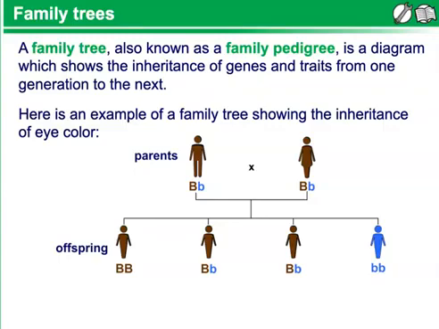The allele for blue eyes is recessive, so only offspring that inherit a lowercase b allele from both parents have blue eyes. A Punnett square diagram can be used to show the likelihood of the 5th child inheriting the genotype lowercase b, lowercase b. It is 1 in 4.